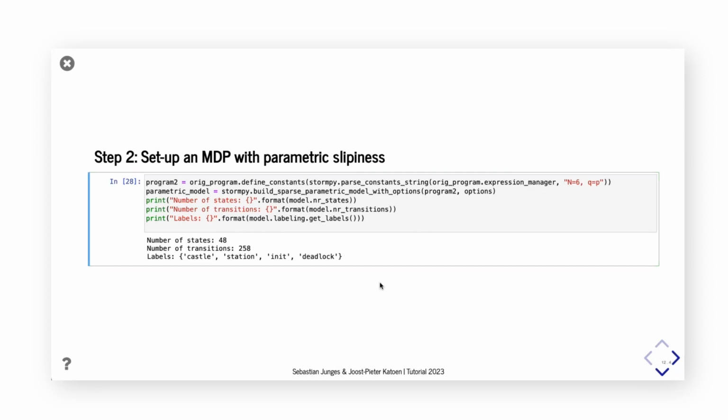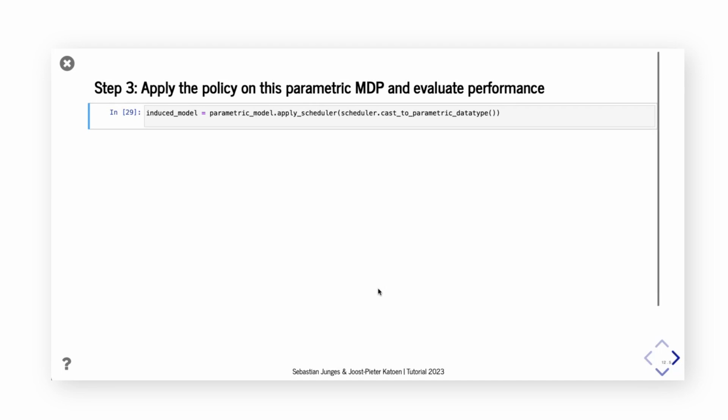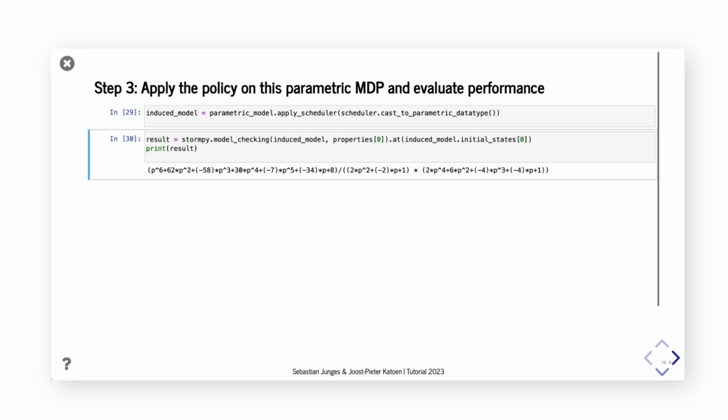So we still have a model, and now we have this scheduler that we computed beforehand for the concrete model with a fixed slippiness, and that was optimal under those conditions. Now we can ask, how is the number of steps to reach the station depending on this parameter P, which induces the slippiness?